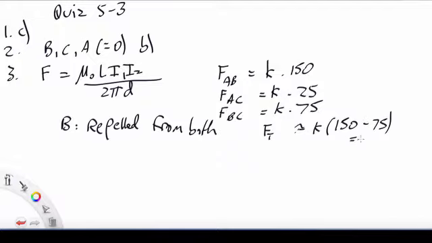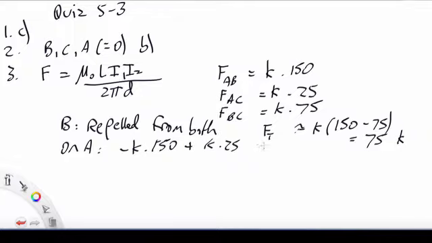So we've got a 75 here. On A, it is repelled from one and attracted to the other, so we'll call that a minus 150, but plus 25, and that gives us a total that is proportional to 125.